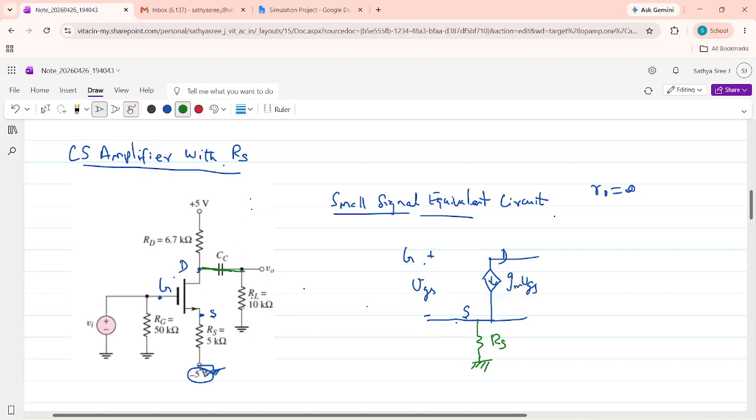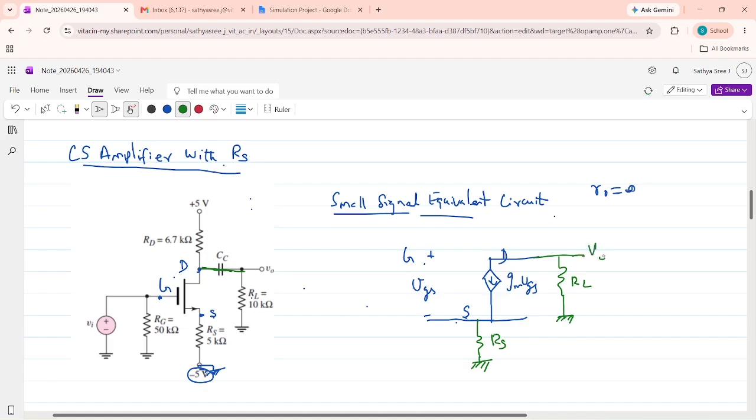From the drain there is an RL, and the RL is connected to ground. The same thing I am going to draw here. From the drain there is an RL, the other end of RL is connected to ground. You should not connect the other end of RL to source here. It has to be noted the other end of RL must be connected to ground.